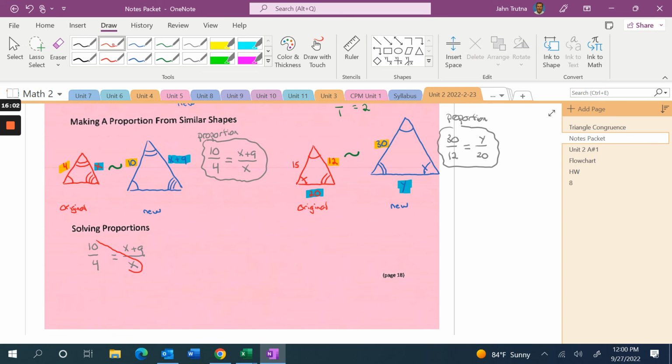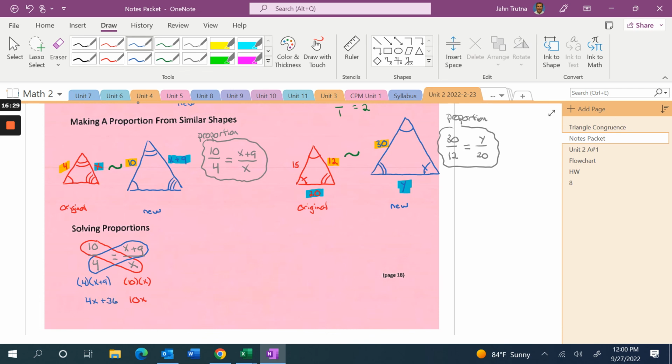So you're going to take the 10 and multiply it with the x, and write that result down, which is 10x. Then you're going to cross multiply the other way. You're going to take the 4 and multiply it with the entire quantity x plus 9. So in other words, you're going to distribute the 4, and that would make it 4x plus 36.